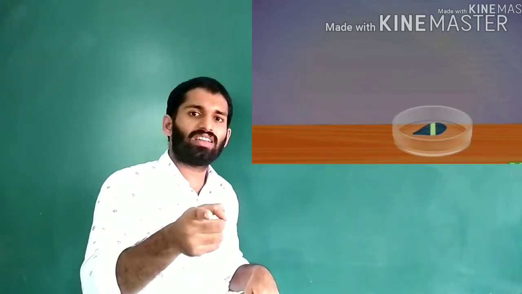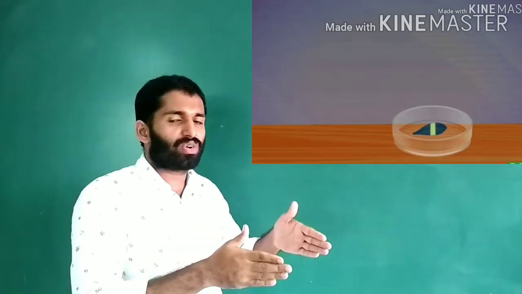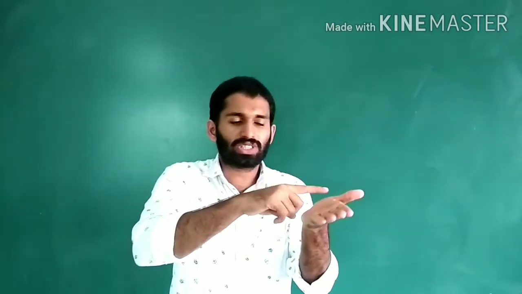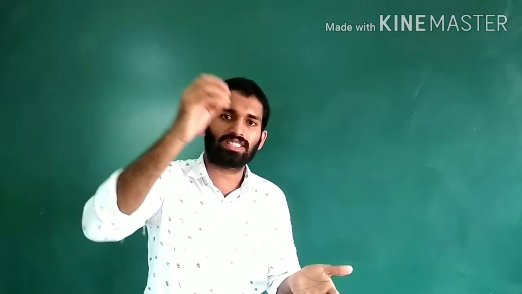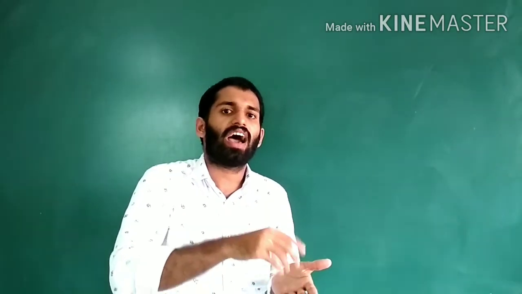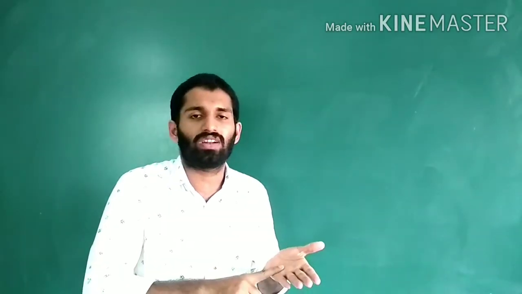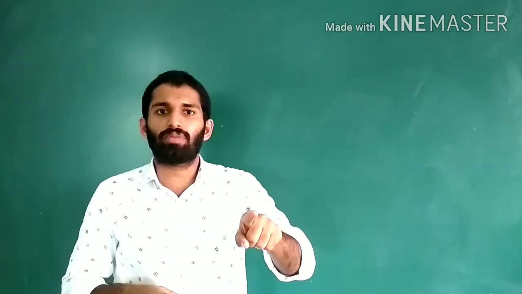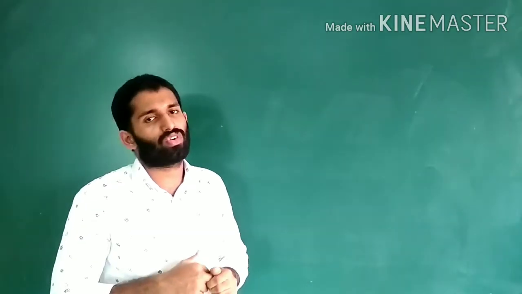It means that sunlight is required for photosynthesis. The portion which is covered with the black paper does not receive any sunlight and doesn't produce any starch or food. So you can be sure that sunlight is necessary for photosynthesis.